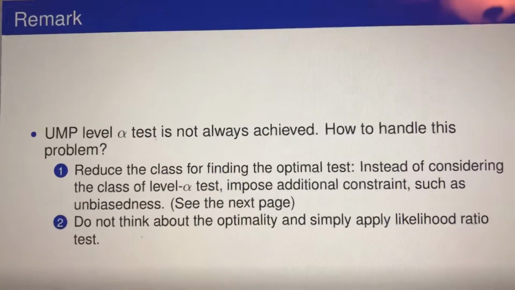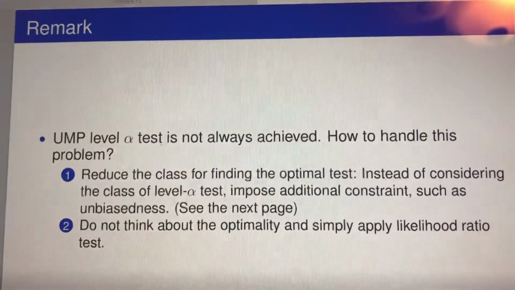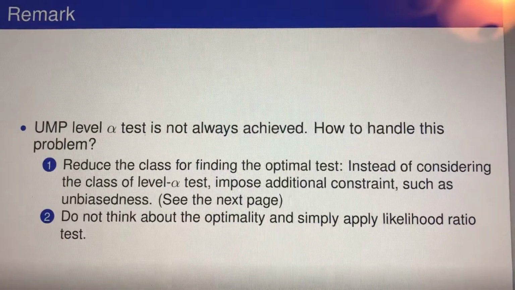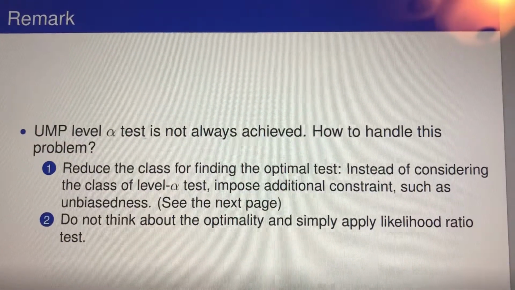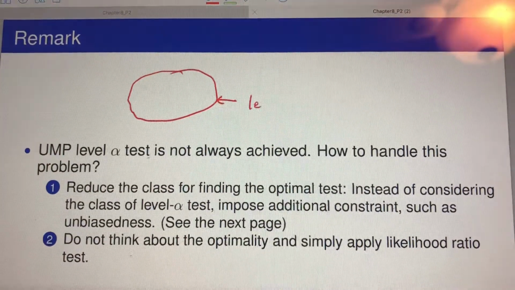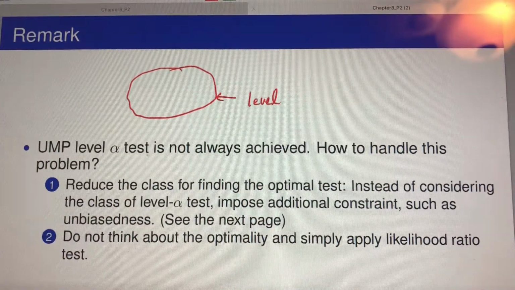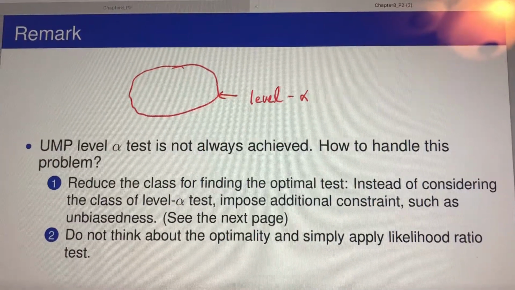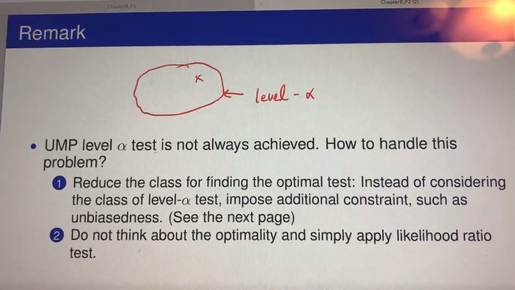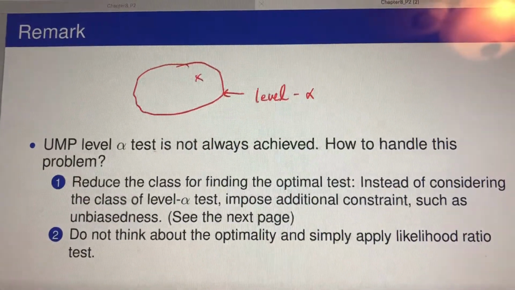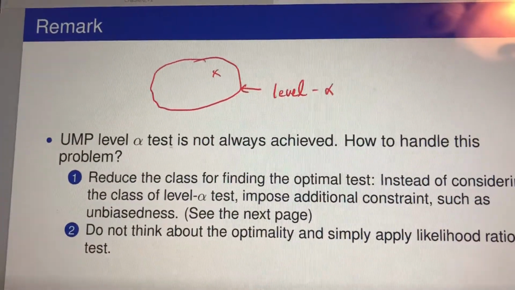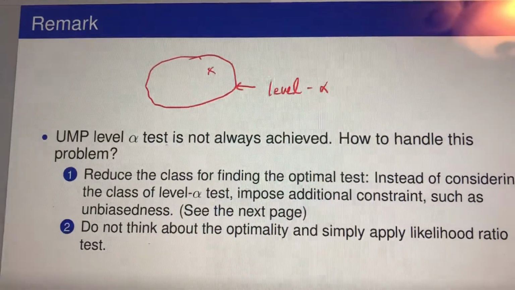So how do we handle this problem? The first solution: what is the UMP level alpha among the class of level alpha tests? That means this class is too large, so we cannot really find the uniformly best one.